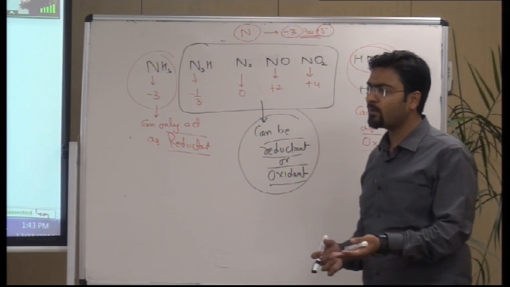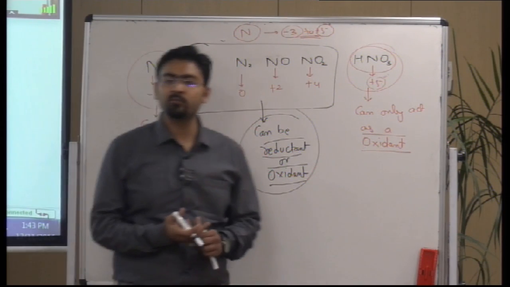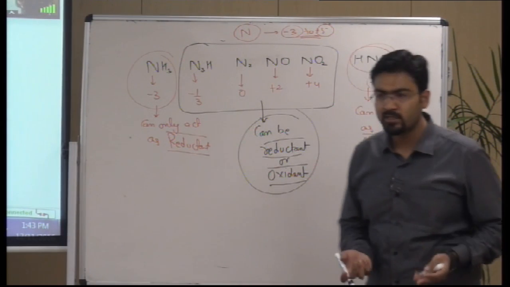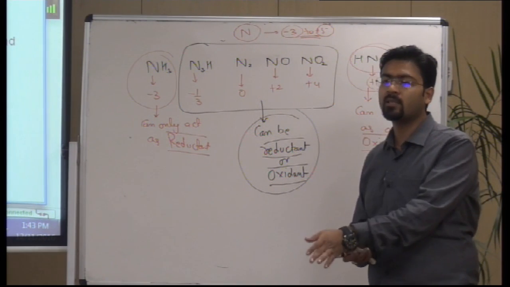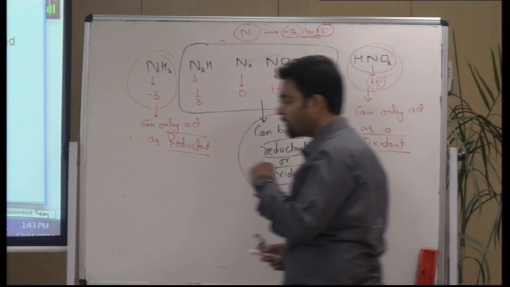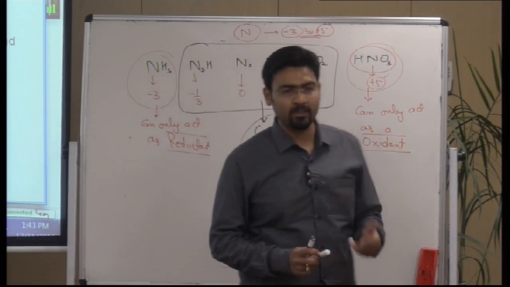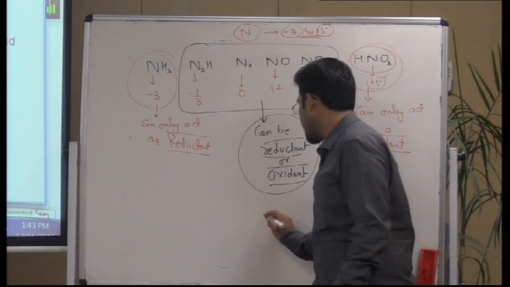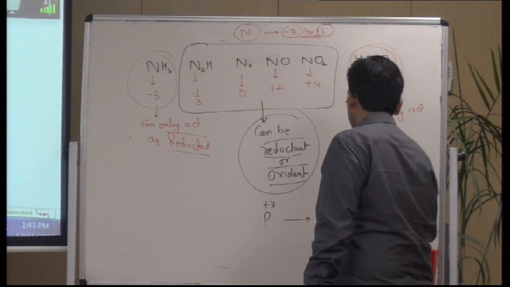The same example which we took, if you remember, H3PO3. In H3PO3, phosphorus is present in +3 oxidation state. It goes to +5 and it goes to -3. Point 2, which you should also remember, is that you should not take it as a misconception that phosphorus went from +3 to +5 and -3.